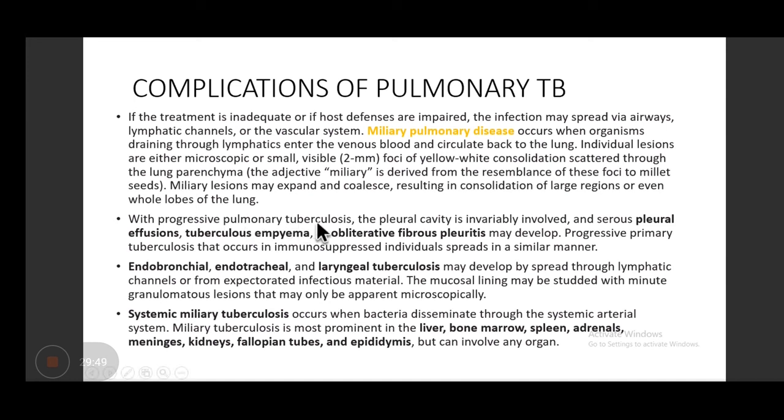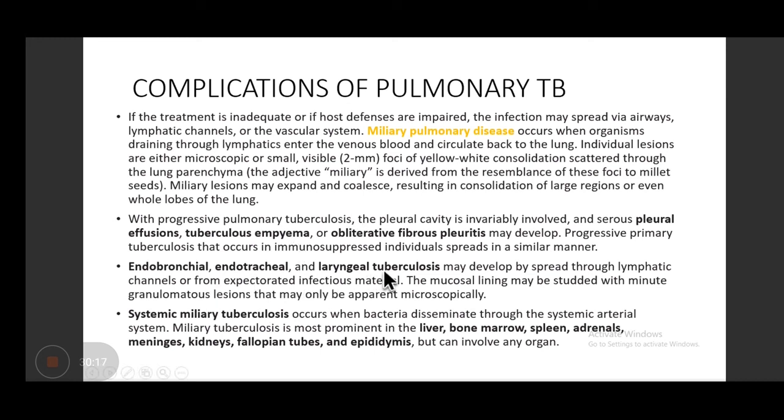With progressive pulmonary tuberculosis, the pleural cavity is invariably involved and serous pleural effusions, tuberculous empyema, or obliterative fibrous pleuritis may develop. These are the sequelae that will eventually develop if the disease is left untreated or progresses further. Progressive primary tuberculosis occurs in immunosuppressed individuals and spreads in a similar manner.